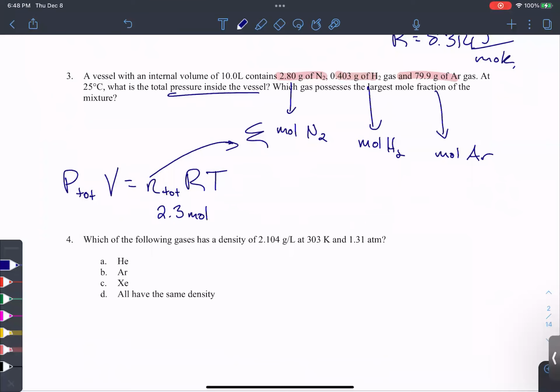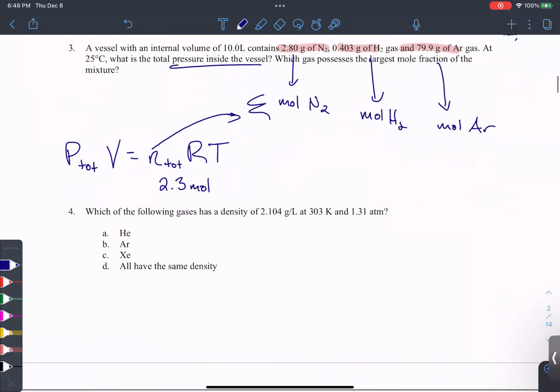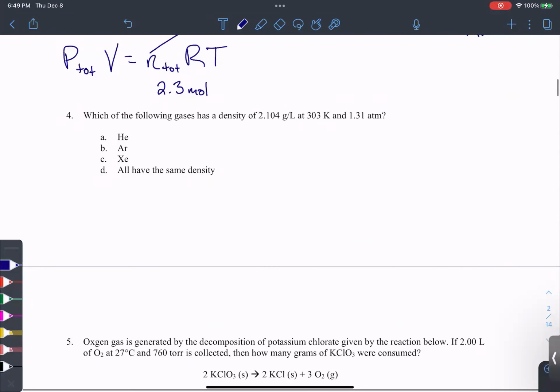But what does change when we have different gas samples is their density. And that's what goes on to number 4. What's the difference between a helium balloon and a balloon that I blow up with my lung air? Is there a difference between those kinds of balloons?